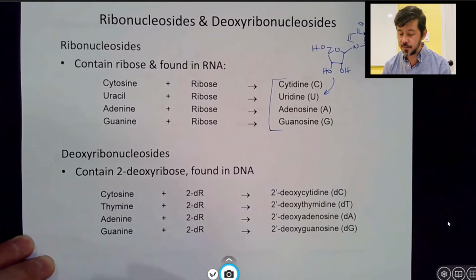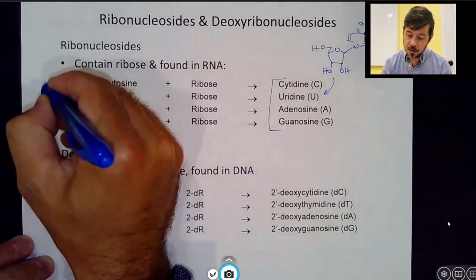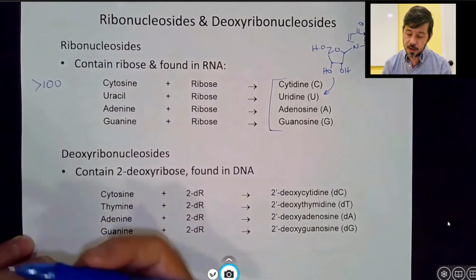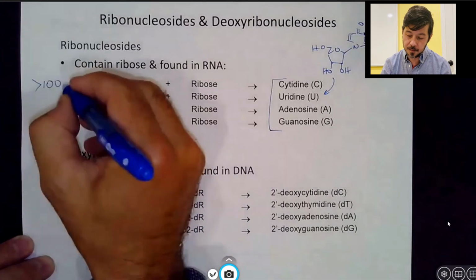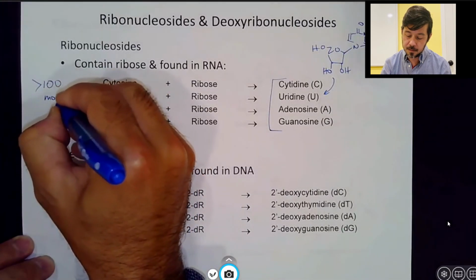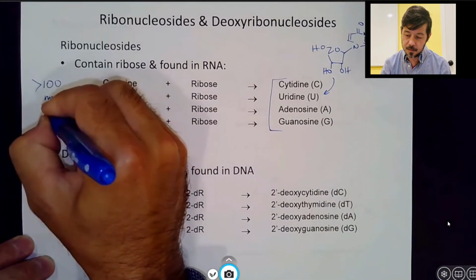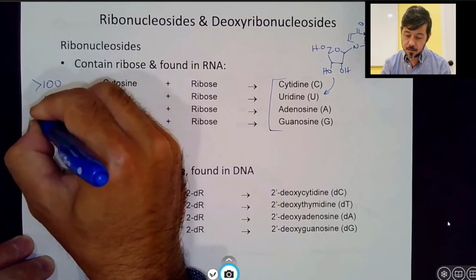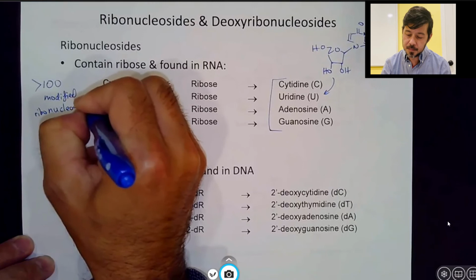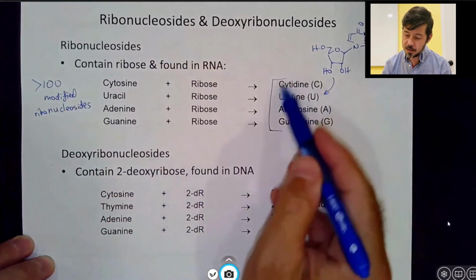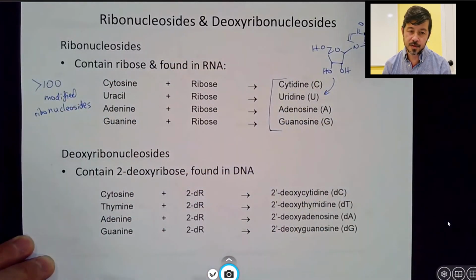RNAs can come in all different types, shapes, and forms, and there are actually over 100 different types of chemically modified RNA nucleosides. So it's kind of interesting, why would nature decide to go beyond these four main bases for different applications?